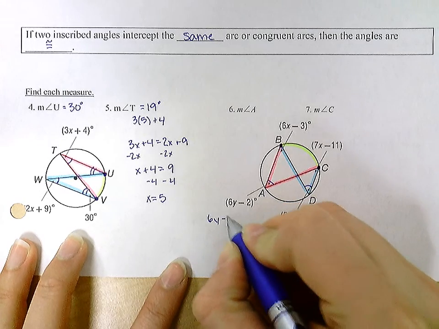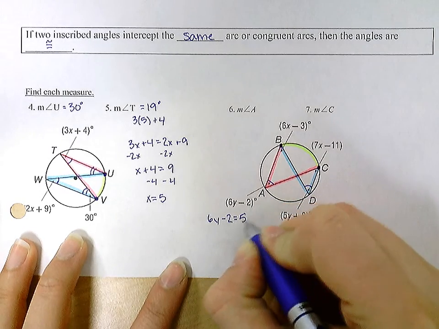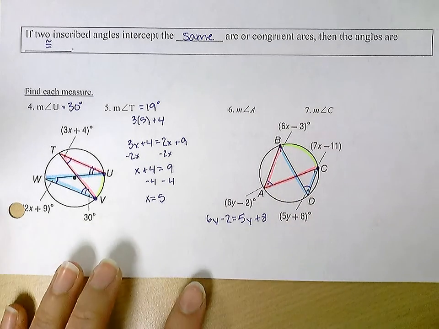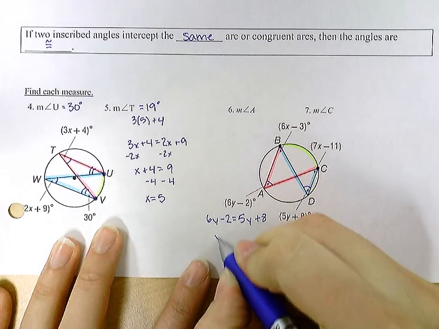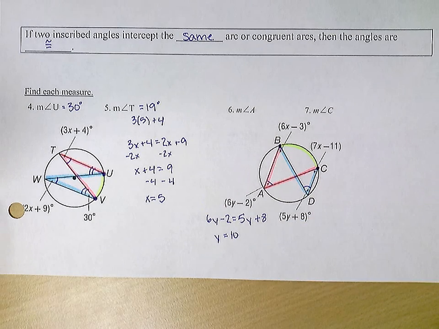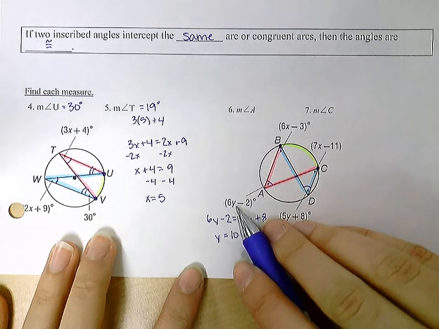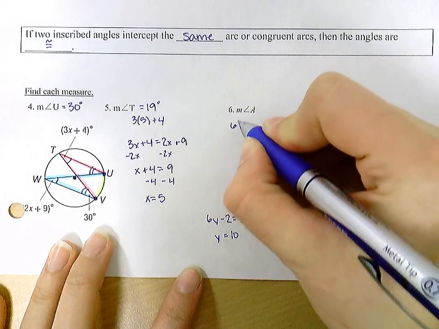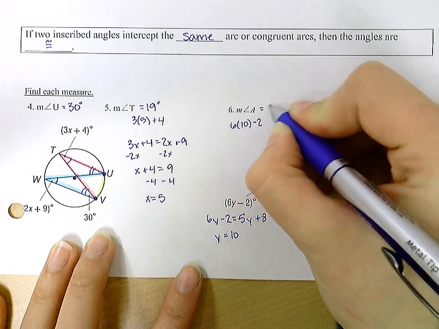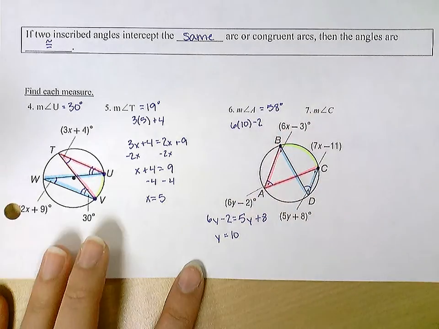So we have 6y minus 2 equals 5y plus 8. Okay, subtract 5y, add 2. You get y is equal to 10. Okay, so I'll plug in 10 for y. So I have 6 times 10 minus 2. That is 58 degrees.